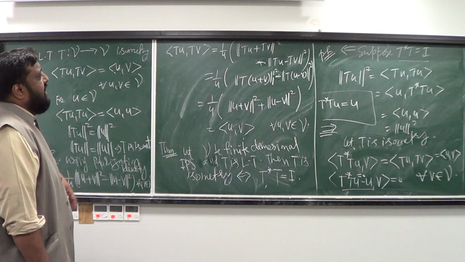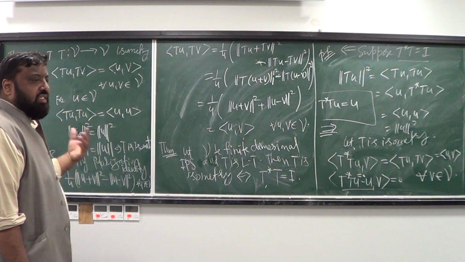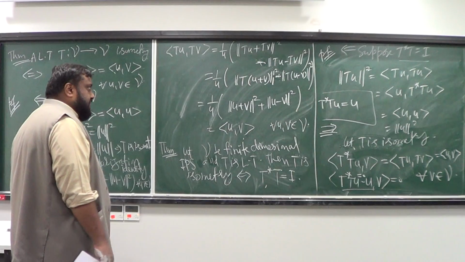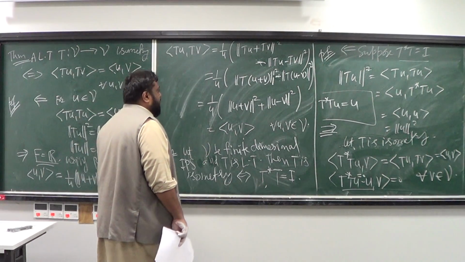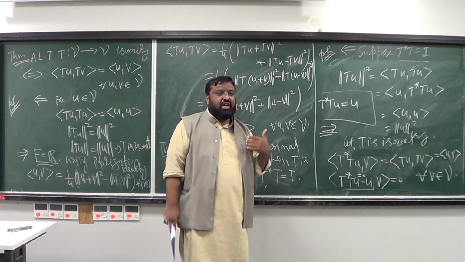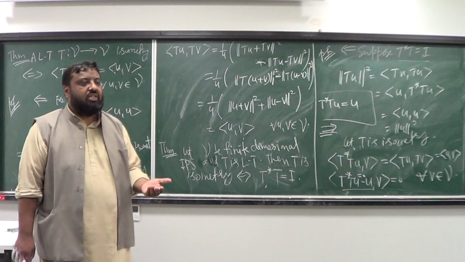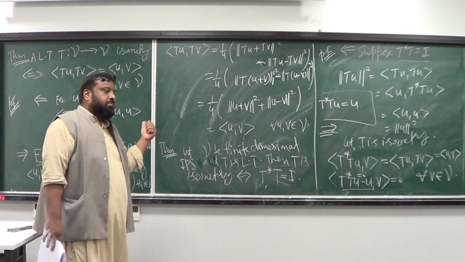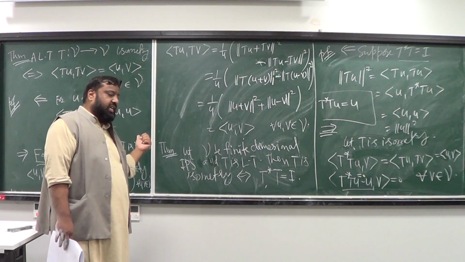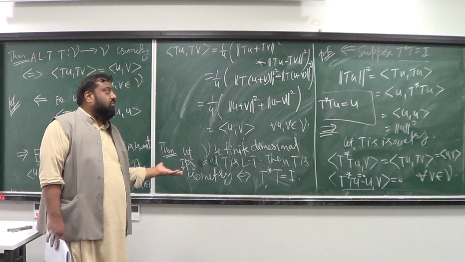We showed that an isometry is a distance preserving map, a magnitude preserving map. Composition of isometries is an isometry. Isometries are always one-to-one, and hence they are invertible, and the inverse of it is also an isometry.